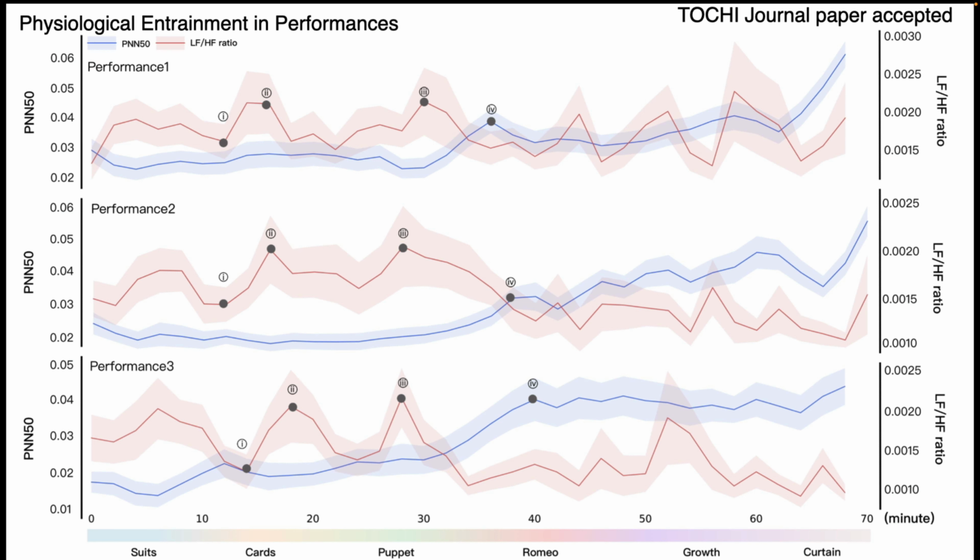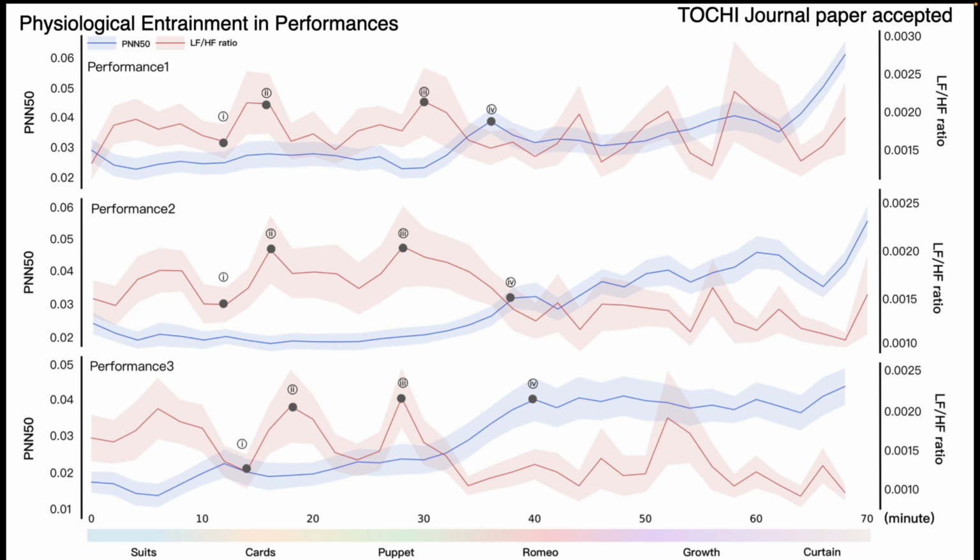And on the bottom, you see the minutes, the time of the performance. So it was around 65 to 70 minutes per performance. And there are different parts: suits, card, puppet, Romeo, growth, and curtain. Those were the parts of the performance.